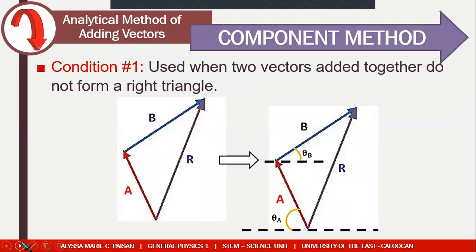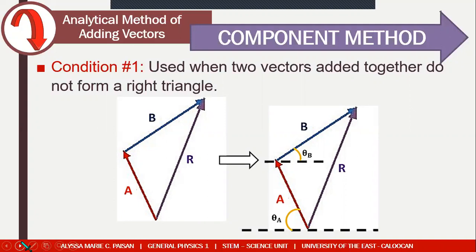When we say component method, also known as the vector resolution method, it means that we have to consider the equations that we have discussed regarding the components of vectors. So we're going to go back to the cosine and then the sine, okay?